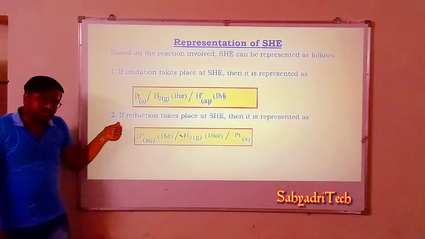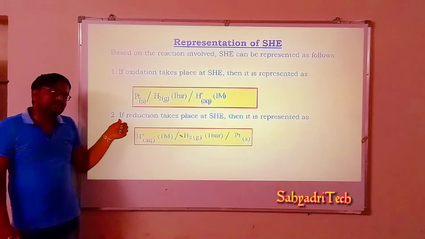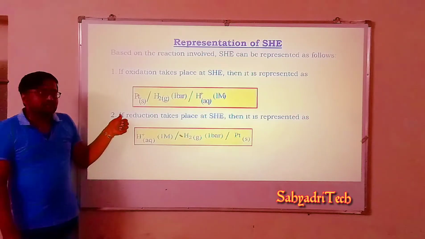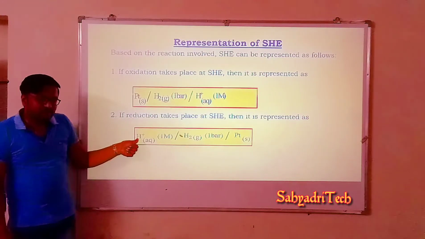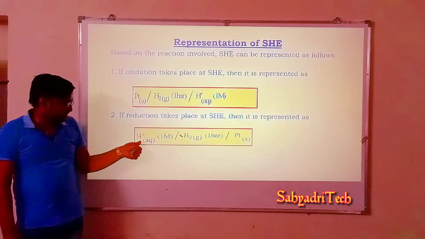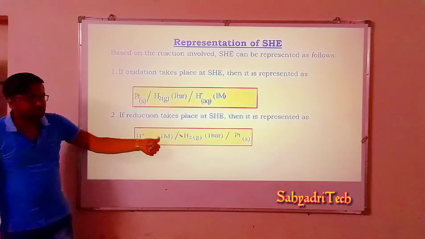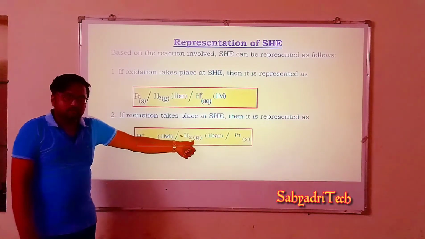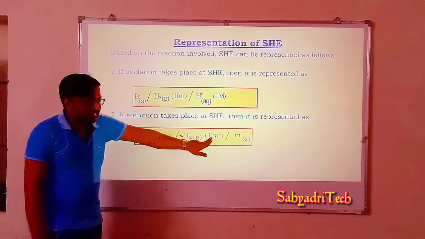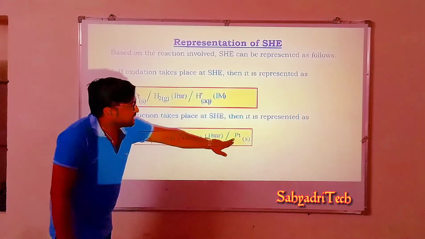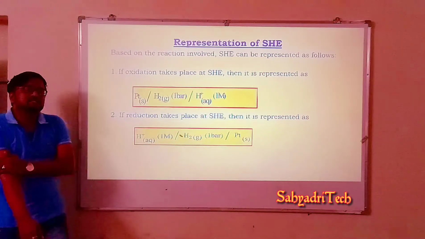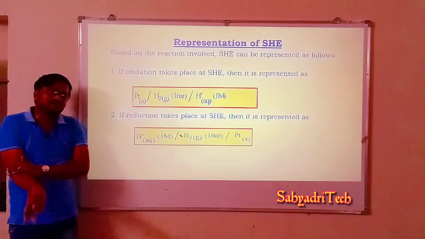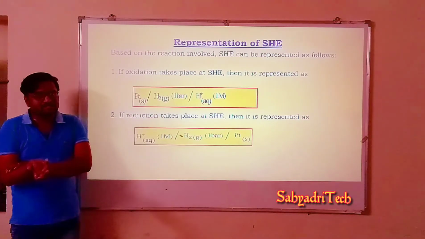Similarly, if reduction takes place at SHE, then it acts as a reduction half cell. Then how is it represented? First we have to write the symbol of the H plus ion, that is H plus ion aqueous, within a bracket 1 molar, interface hydrogen gas, within a bracket 1 bar, interface platinum solid. It means SHE acts as both an oxidation half cell as well as a reduction half cell.